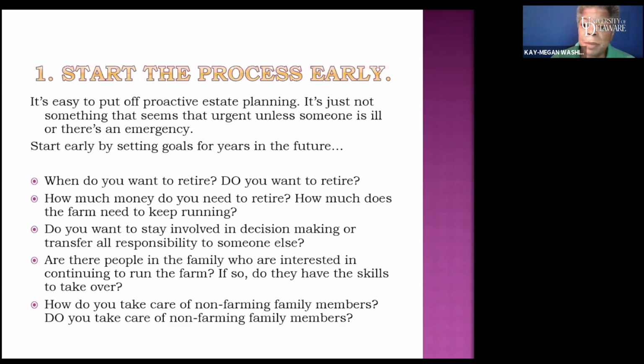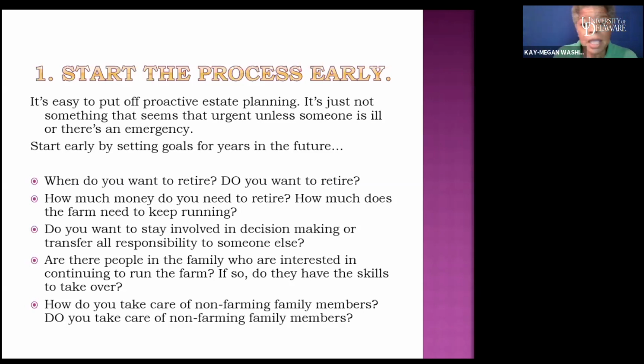What often happens, and this is not a bad thing, is that a lot of farmers do not retire the way that a lot of people in other professions retire. I have often heard people say that they intend to continue to work the farm until they drop dead in the field.